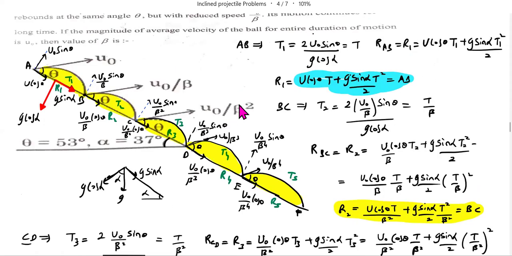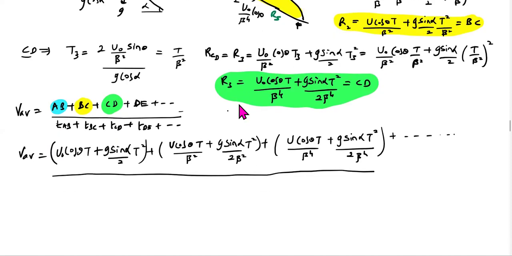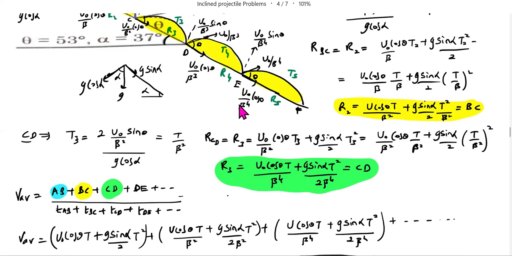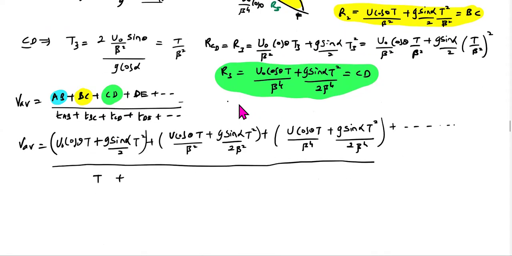Time of flight will be T1. T1 is 2 U naught sin theta by G cos alpha. Or time of flight, we know that this will be T. Next, TBC is how much? TBC is T by beta, T by beta square and so on.